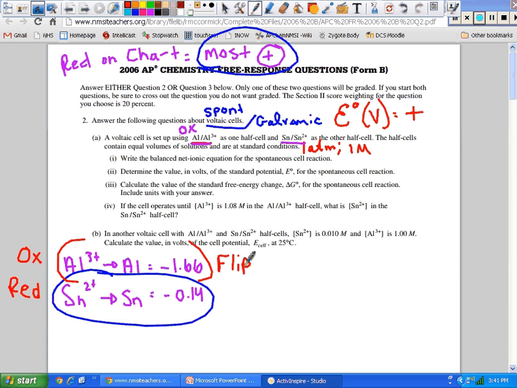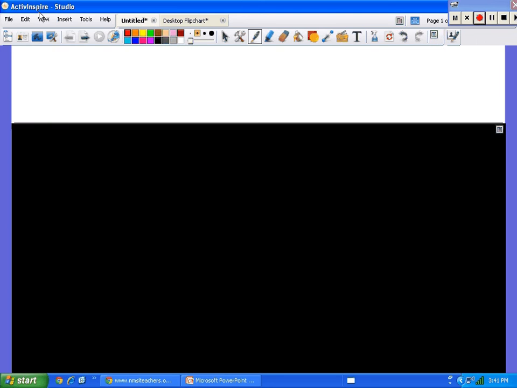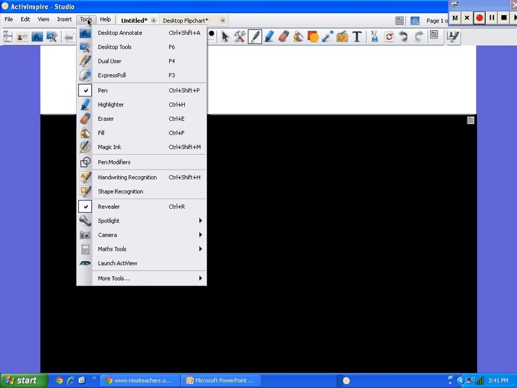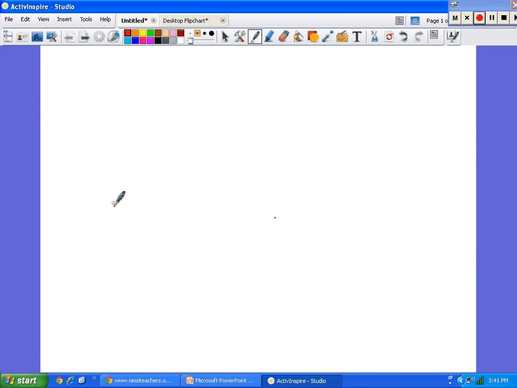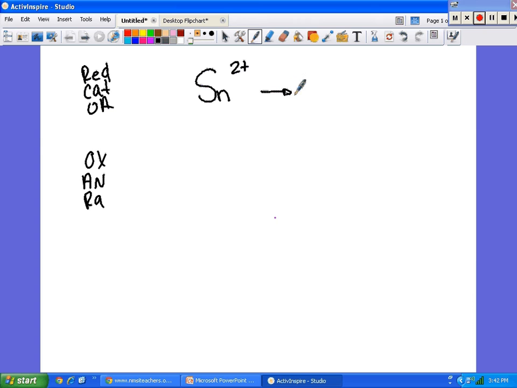We've always set up our reduction, oxidation, and net reaction. Now, which one did we say was going through reduction? Tin. So Sn is going from what to what? 2+ going to Sn neutral.